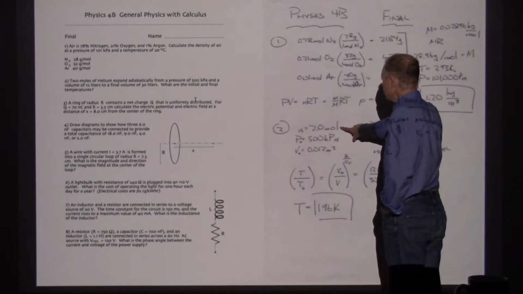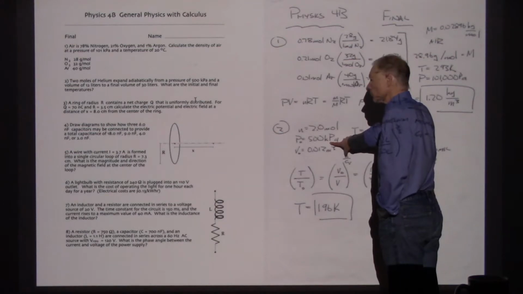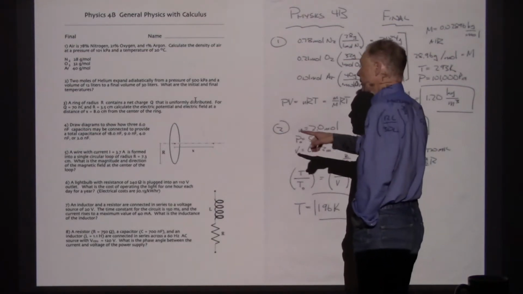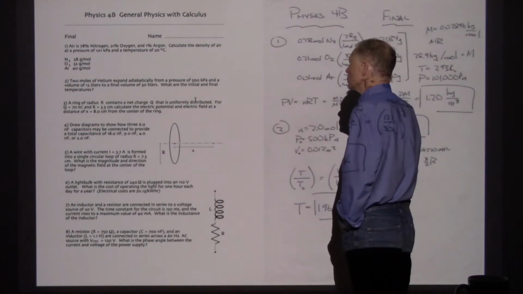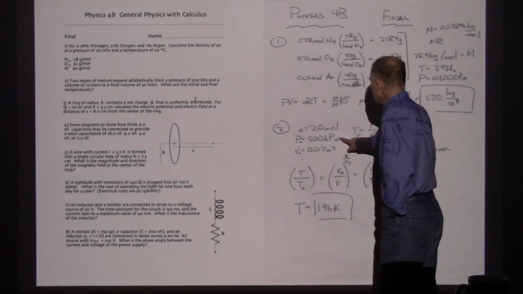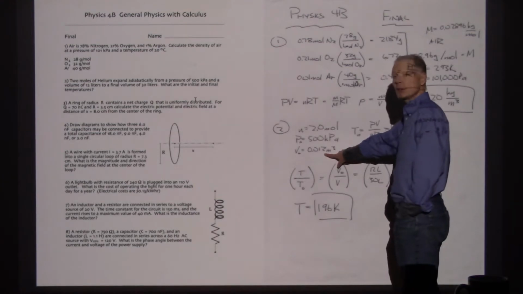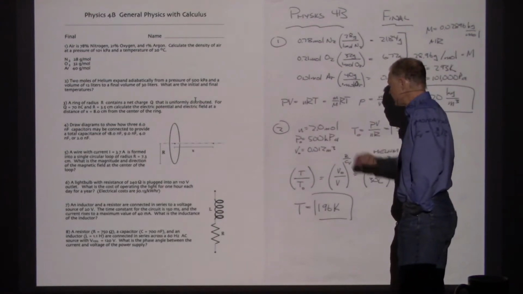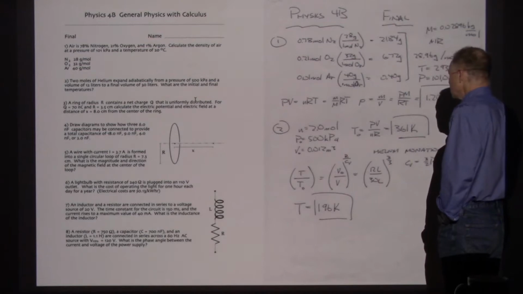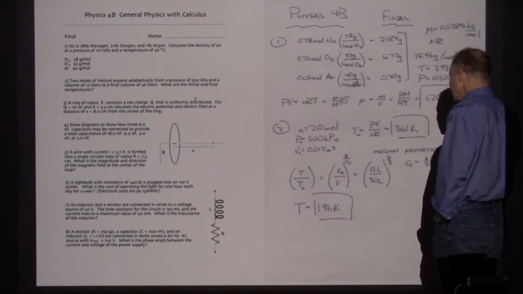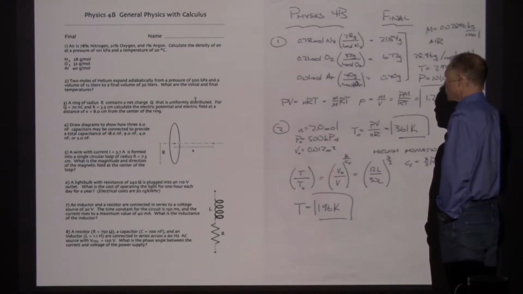There are 2 moles. The starting pressure is at 500 kilopascals. So the 500 kilopascals is given, and then the liters I converted into cubic meters. So I'm getting everything in standard units here, although I don't necessarily have to do that. We'll see how this works out.